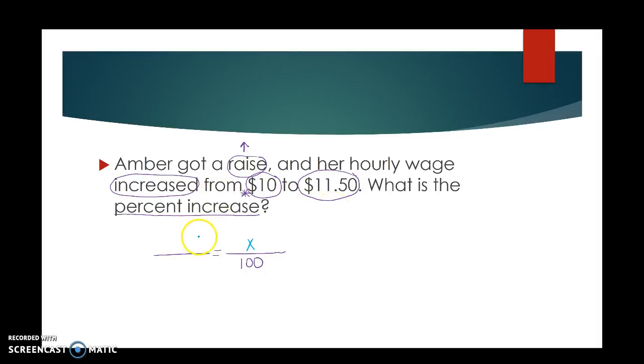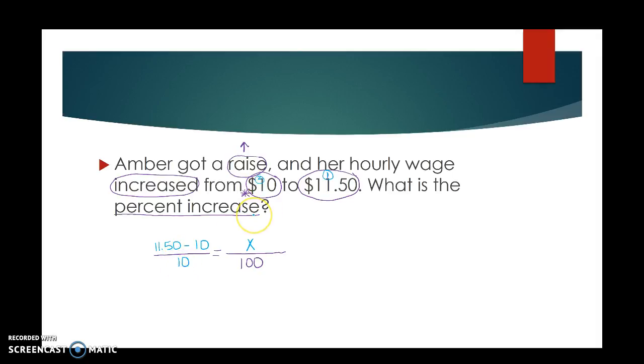So I know I'm going to want to put the change up here on the top. The change is the big, so this is my first number, 11.50, minus the small. And it always goes over your original. So I look for my asterisk and I see my original is 10.